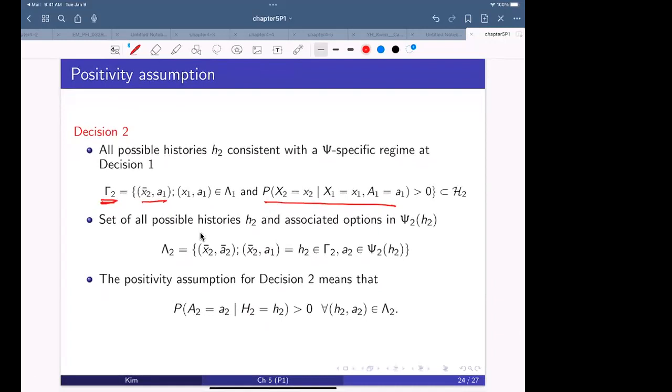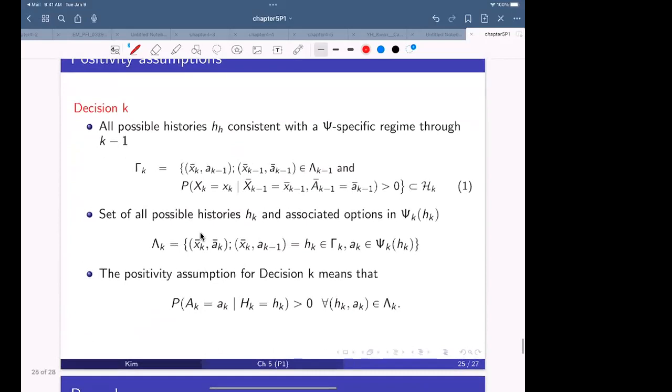The textbook uses this kind of notation, but the concept is basically we don't want to include impossible histories in our decision sequence. So gamma 2 and lambda 2, and then generally gamma k and lambda k, where gamma k is the possible history, and lambda k is the history and the feasible set for that history.